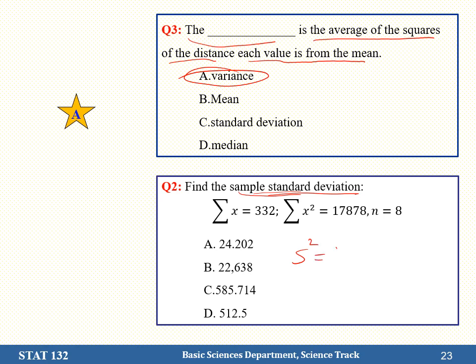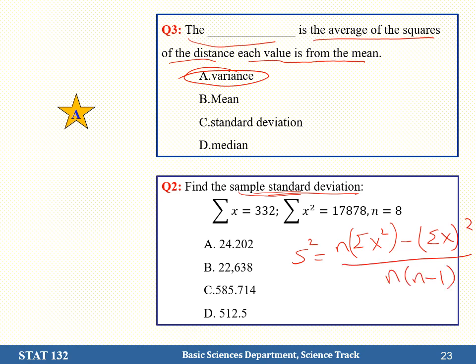S squared is equal to, and this is not grouped data, so no frequency nor midpoints are here. So we just use the formula for this: n times the sum of the x squares minus the sum of the x squared, divided by n times n minus 1.